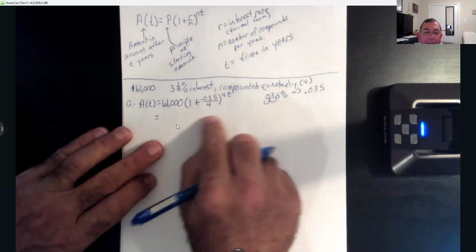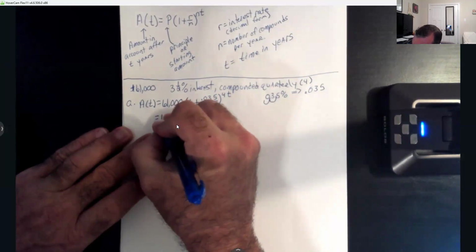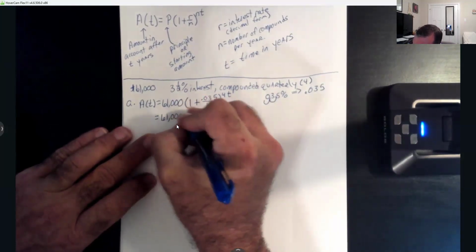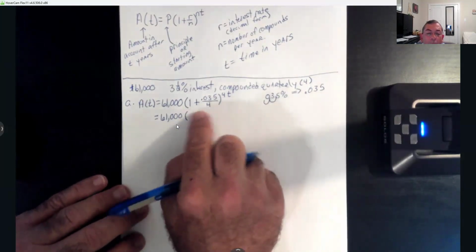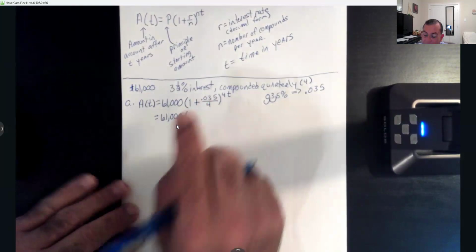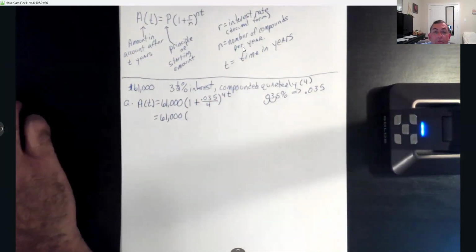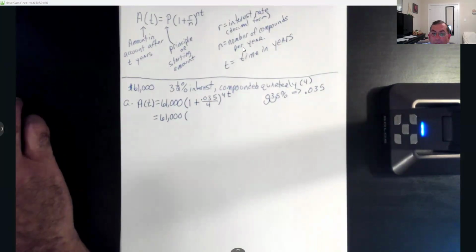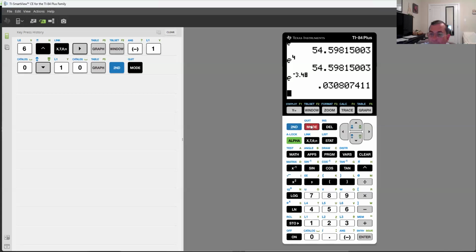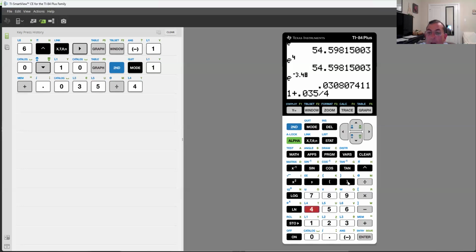Now, y'all, the only thing we got to do to put this in MathLab is this 1 plus 0.035 divided by 4. That has to be simplified right here. So let me see what that equals on my calculator. So that was 1 plus 0.035 divided by 4.